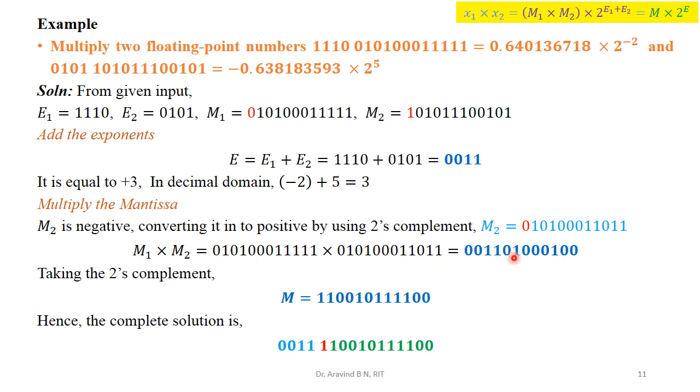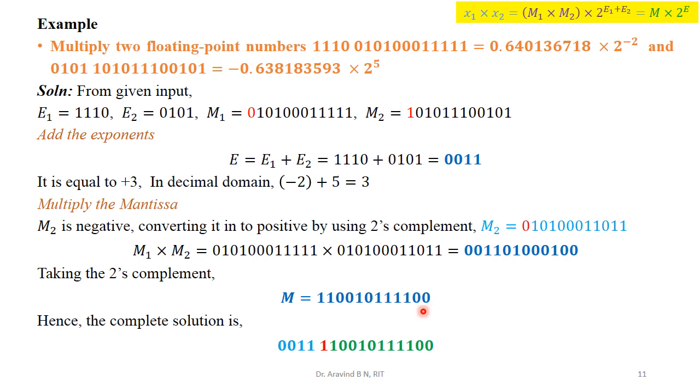And remember, the multiplication of a positive number and a negative number always gives a negative number. Therefore, after multiplication, we must have a negative number as the result, so we convert this into its equivalent 2's complement representation of the negative number.